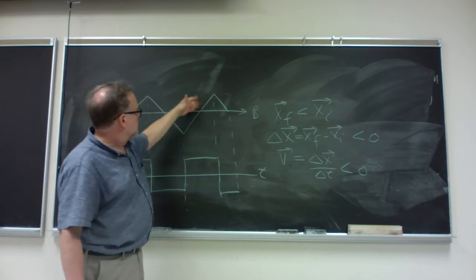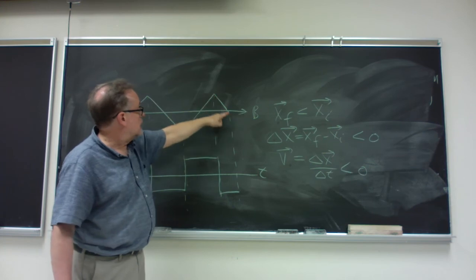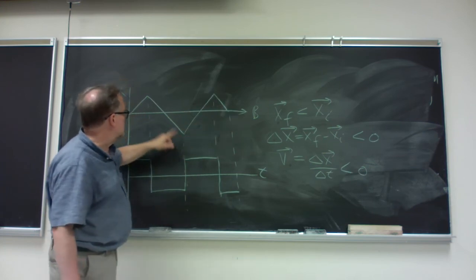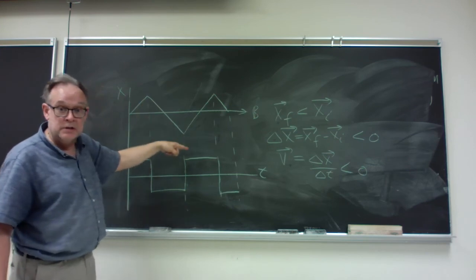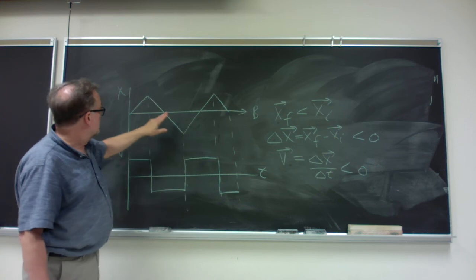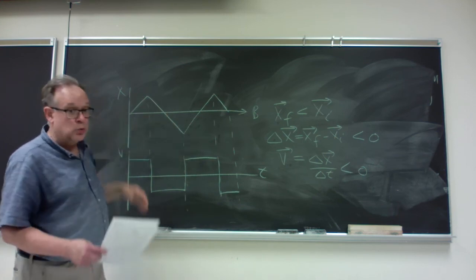So this slope is the same as the absolute value of this negative slope because they look equally steep, and it's the same as the absolute value of this negative slope because they look equally steep, and the slope of this is the same as the slope of this, so they're all equally steep.